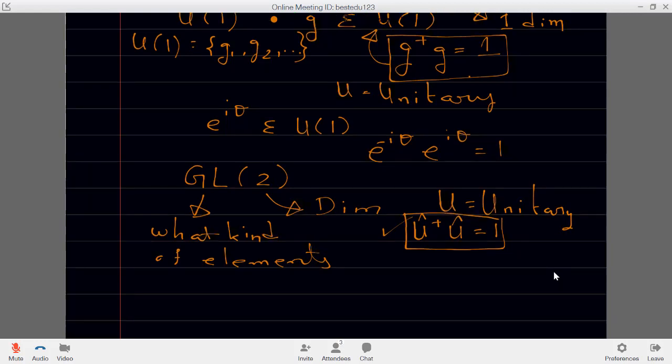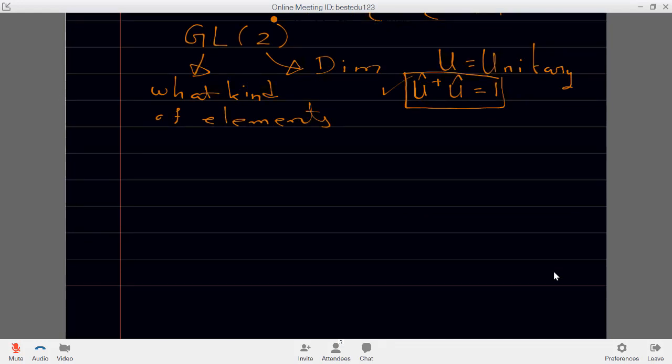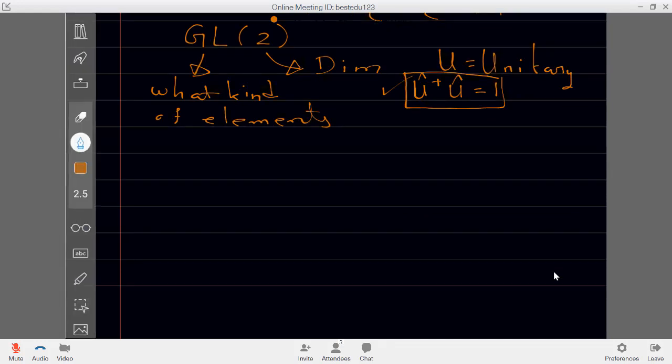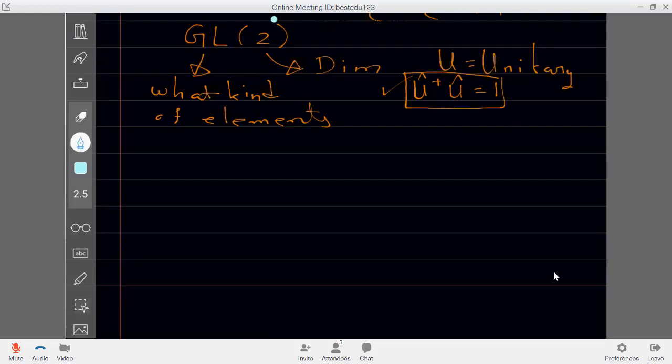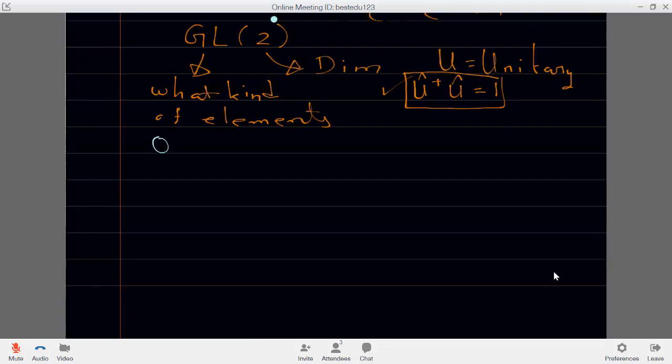Now, next, let me tell you something very interesting. Symmetries are very interesting. For example, let's write a QED Lagrangian. The Lagrangian is equal to minus 1/4 F mu nu F mu nu.